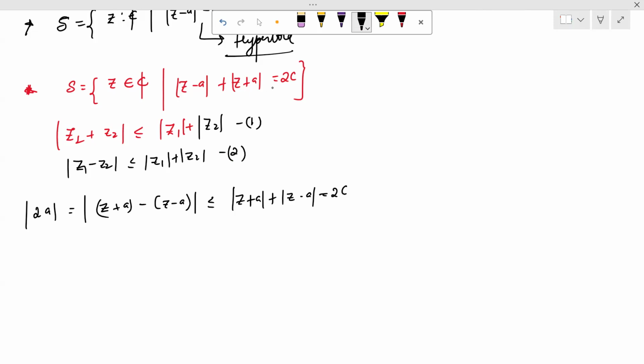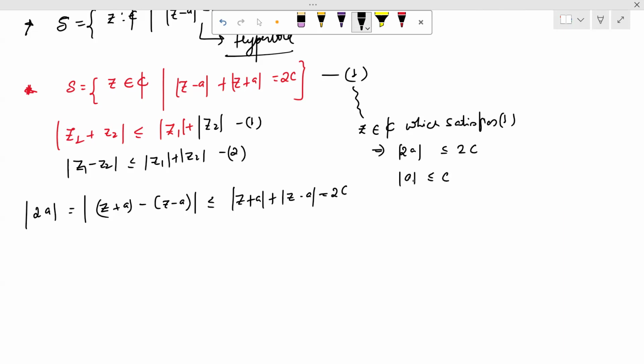So if there are some complex numbers which satisfy equation 1, it implies the condition that modulus of 2a should be less than or equal to 2c, which implies mod of a should also be less than or equal to c. Indeed it is an equation for an ellipse, but at times in examination you may be given an option asking whether it implies that mod a is less than or equal to c. Yes, it does. Is that clear?